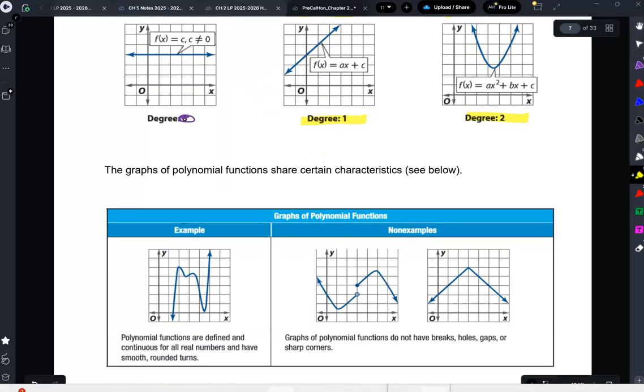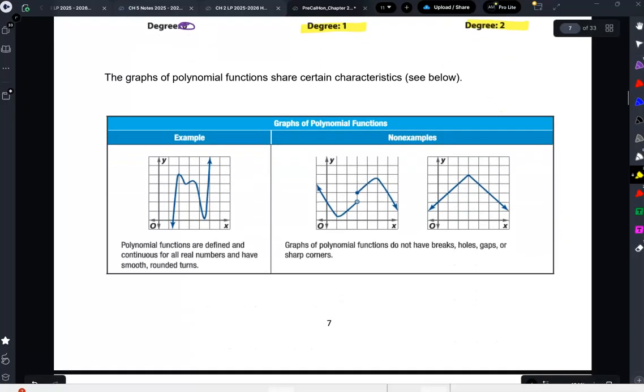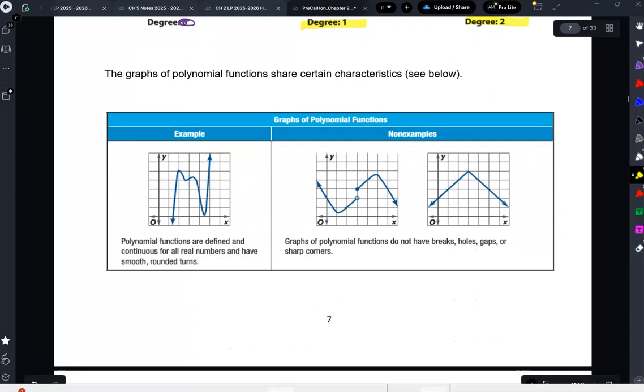Okay. So let's take a look at what graphs of polynomial functions look like. This first one is an example of a polynomial function because it is defined and continuous for all numbers, and it has smooth, rounded turns. Versus, for example, the second one, this is not continuous for all of the x values, right?